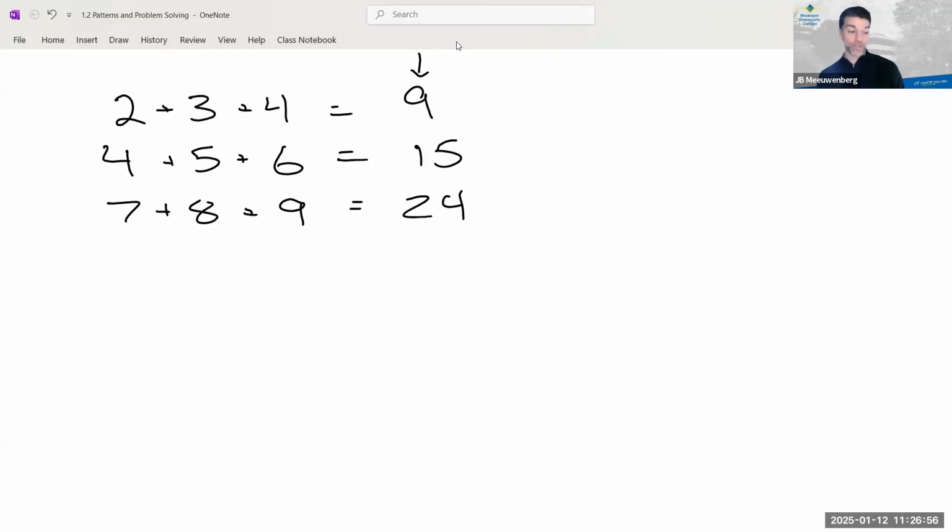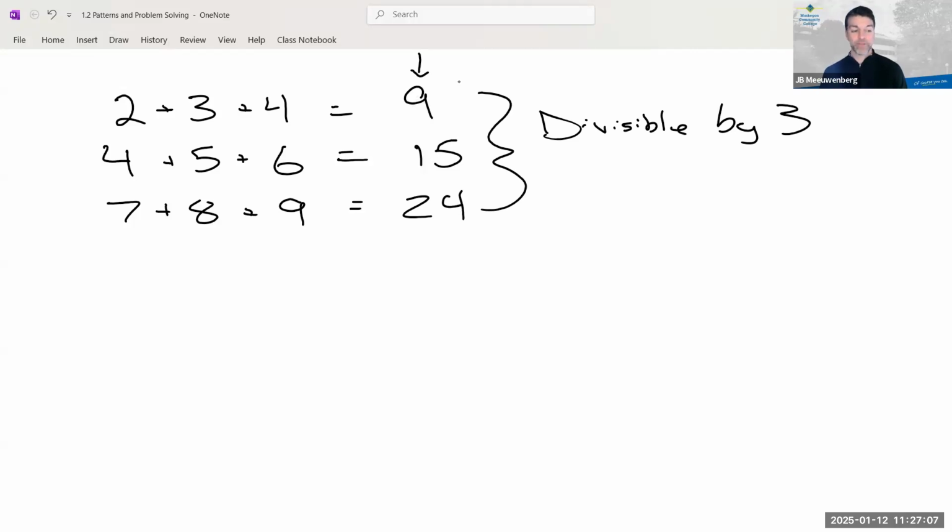One of the things I notice is that these are all divisible by the number 3. 9 divided by 3 is 3. 15 divided by 3 is 5. 24 divided by 3 is 8. They're all divisible by 3.